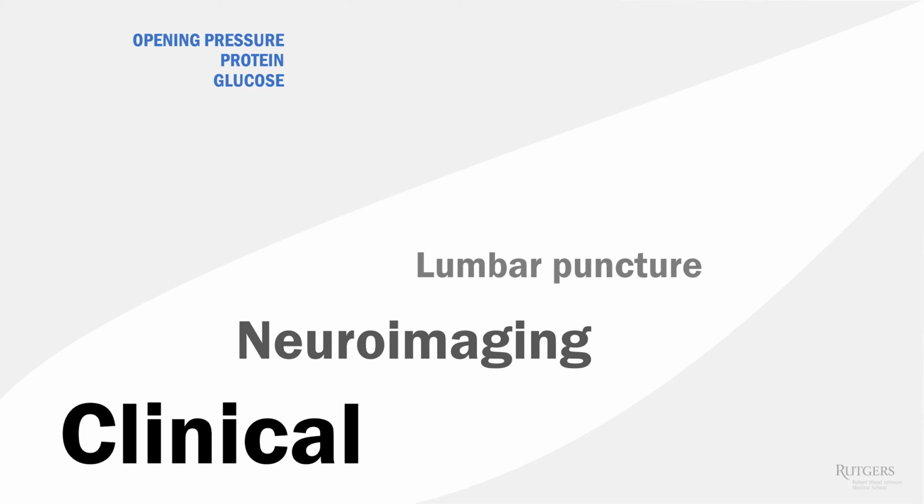Hypoglycorrhea, the $10 word for low glucose, is usually seen in bacterial, some fungal infections, and neurosarcoidosis. CSF pleocytosis also helps. Very elevated neutrophils may suggest bacterial infection, but high lymphocytes can mean fungal, immune, or neoplastic pathologies.